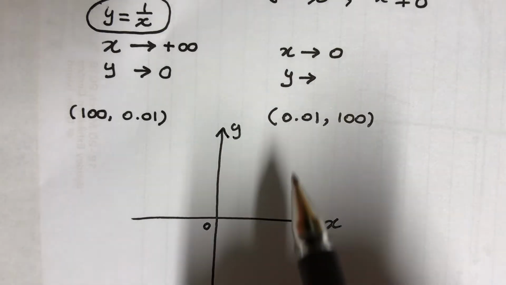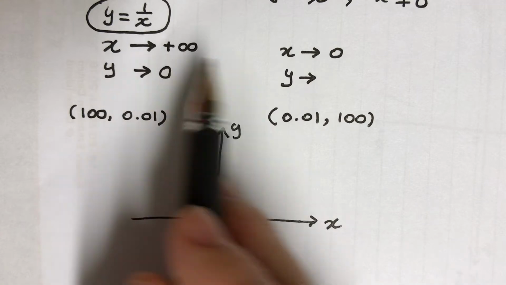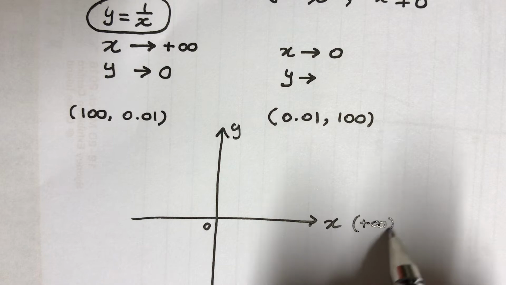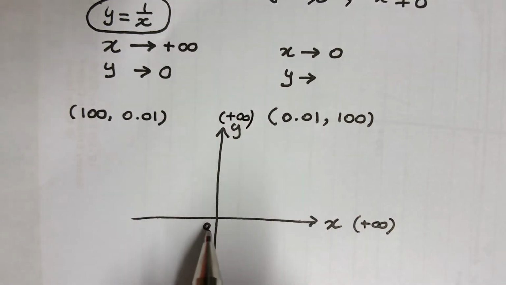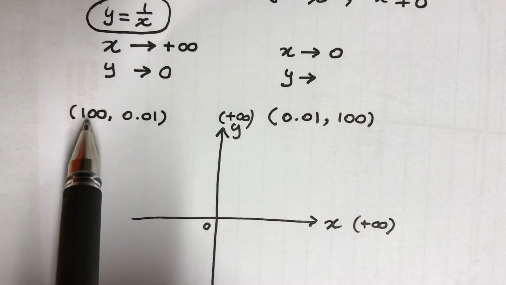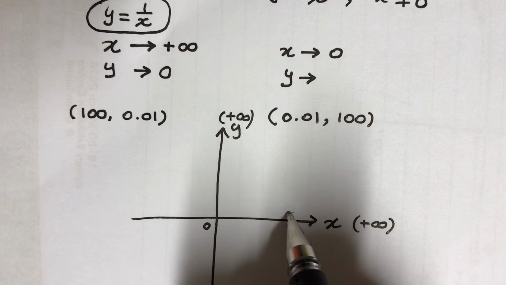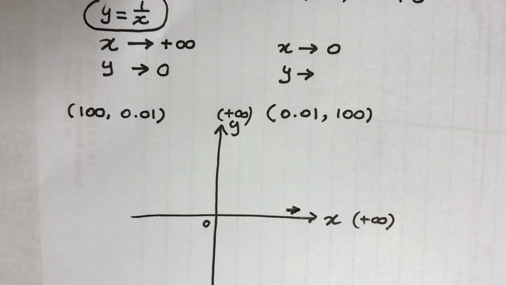We are just looking at the first quadrant here because x is positive. So here I'm going to put positive infinity, and positive infinity here, and 0 here. In this case, when x equals 100, the y value is 0.01, something like that. And that will go a lot smaller with the y values when x gets bigger.